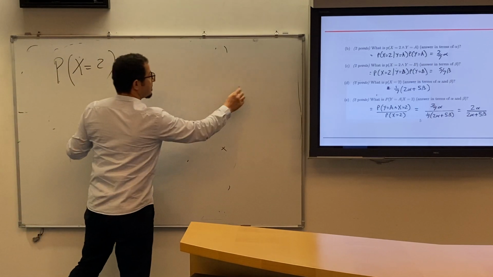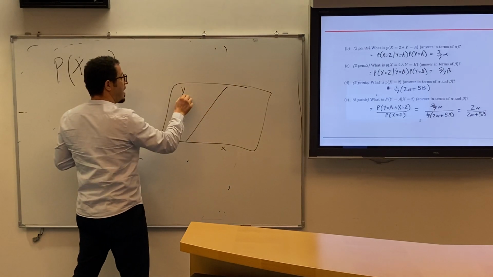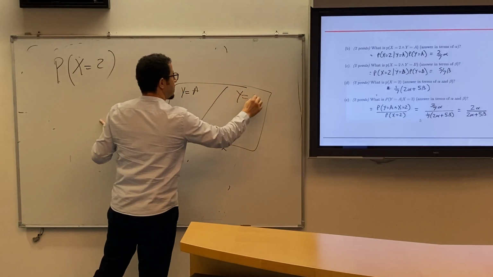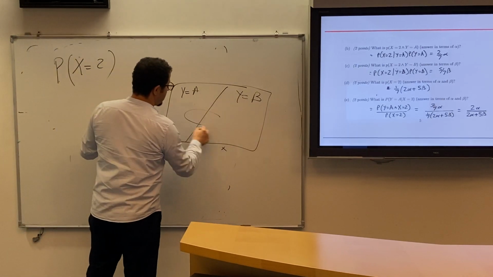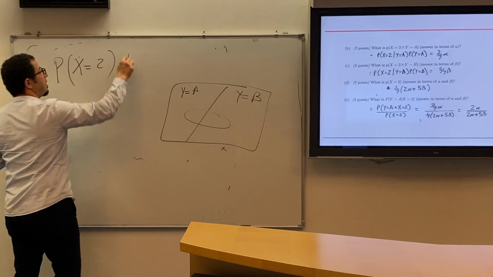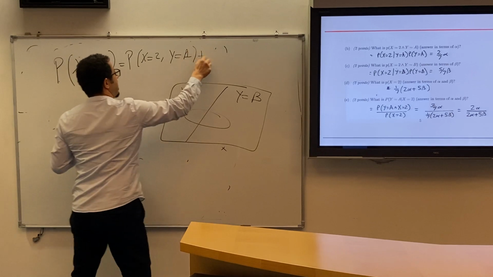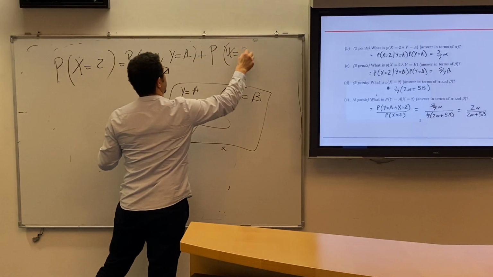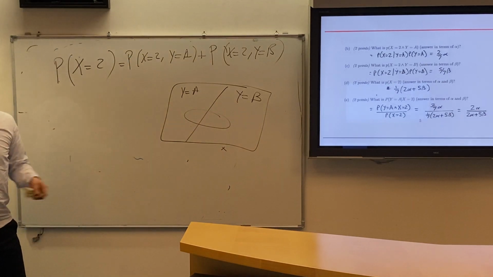Okay, look here, please. This is my sample space. I do it y equals A, and this is y equals B, right? And the probability of x equals 2 is somewhere here, right? So what we can say, this one is the probability of x equals 2 and y is A, plus x equals 2 and y is B. Because they are disjoint events, we can add this.